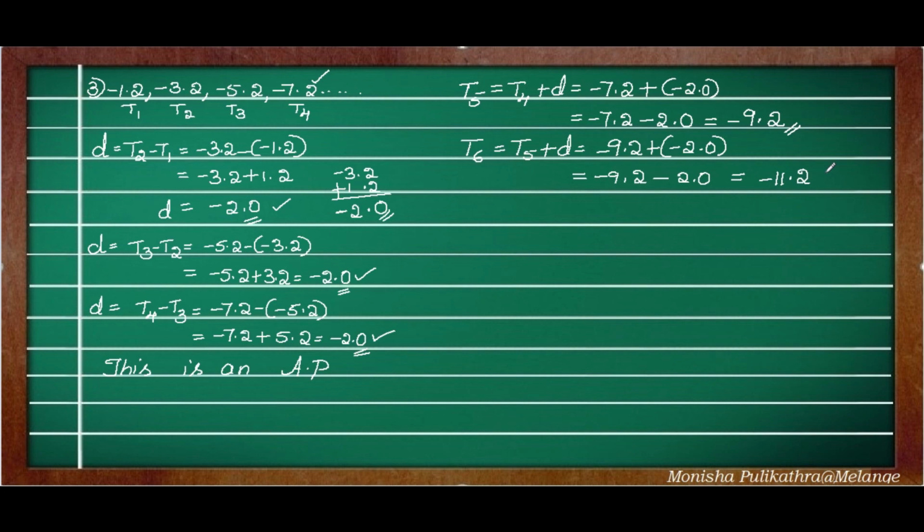This is the sixth term. Okay. Next, going to the seventh term. Previous term plus common difference. The sixth term is minus 11.2 plus the common difference minus 2.0. So minus 11.2 plus into minus 2.0. So it will become minus 13.2.